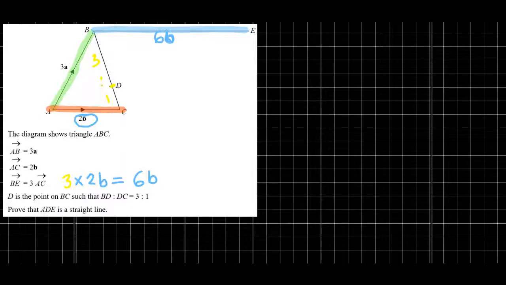If we write that as a fraction, that would be 3/4, and that would be 1/4. I'm going to write that as a fraction rather than as a ratio.